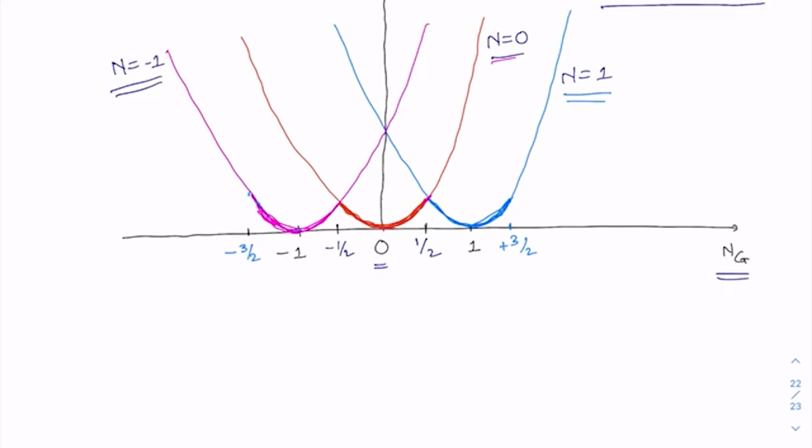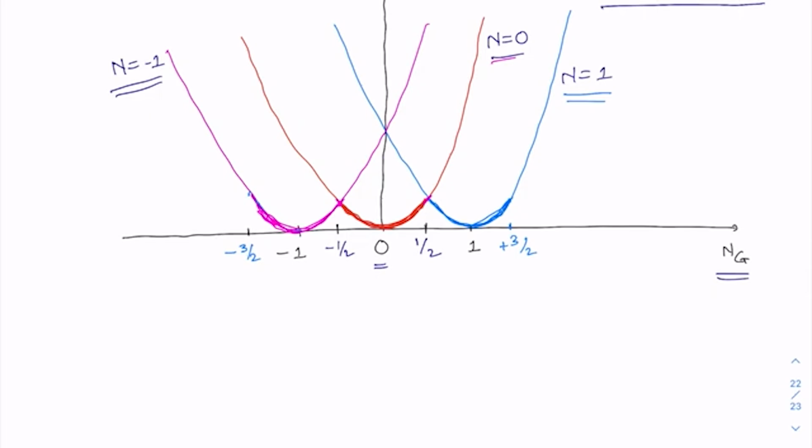Similarly, the n is equal to 0 charge state and the n is equal to minus 1 charge state are intersecting, which means their energy levels are actually crossing. This kind of energy level crossing we have already studied in the context of the two-level system earlier, as you can recall in module 1.